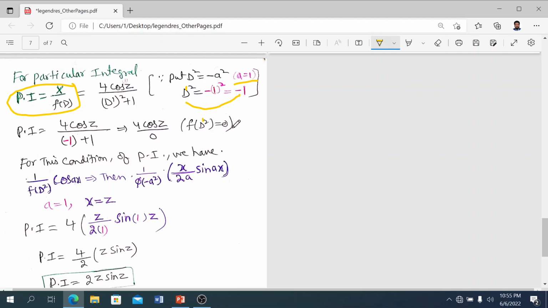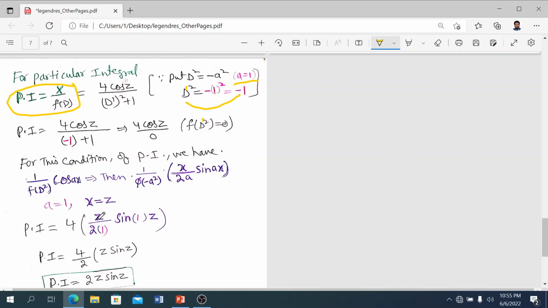Here the case fails. So what we will do in this condition, we know that 1 by f of D into cos ax, when f of D is equal to 0, then 1 by phi of minus a square, x by 2a sin ax. Here x is equal to z and a is equal to 1. This 4 stays outside as it is.